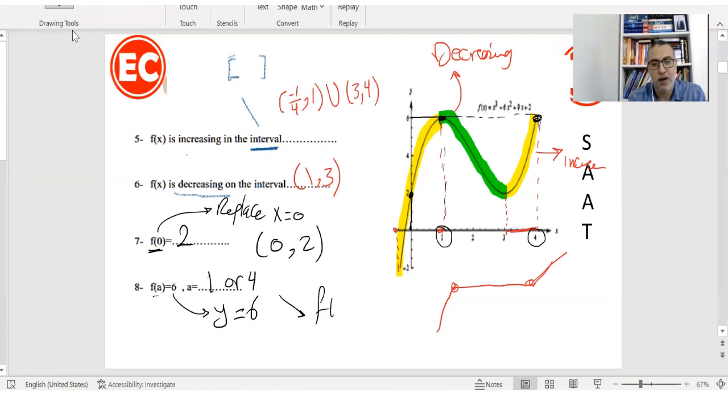Again, f of 1 is equal to 6, and f of 4 is equal to 6. So there is a big difference between finding f of a number and finding the value of a or x that satisfies a number. The first, number 7, I figured out from the x-axis. But for number 8, I figured it out from the y-axis.